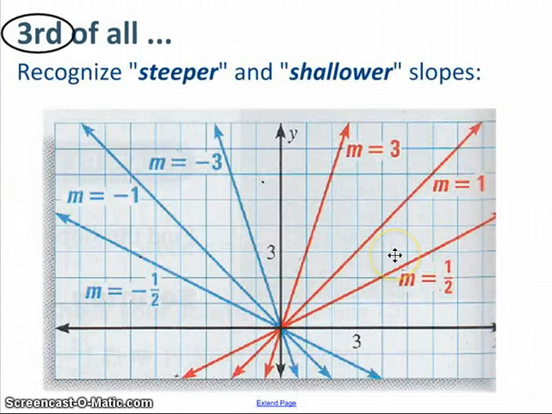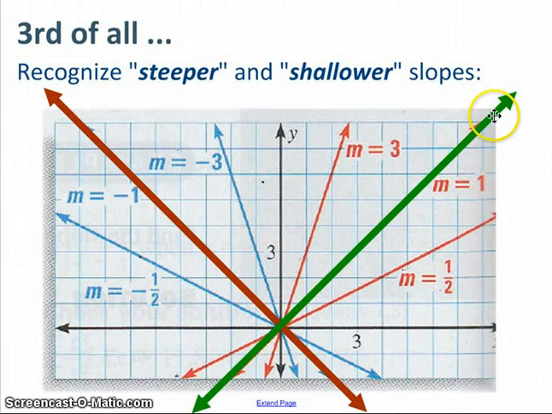So if you put those together, now the third thing is to recognize what's a line that looks steeper than either the 45 or the negative 45, and what's a line that looks shallower. So let's superimpose what we just generated. The green line is a slope of positive 1. The brown line here is a slope of negative 1.